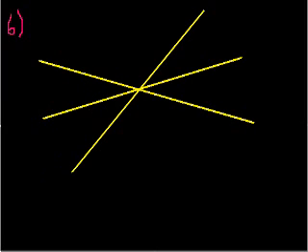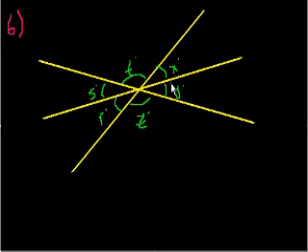Okay. Let me do it different. Okay, so this is S degrees, R degrees, T degrees, Z degrees, Y and X degrees.